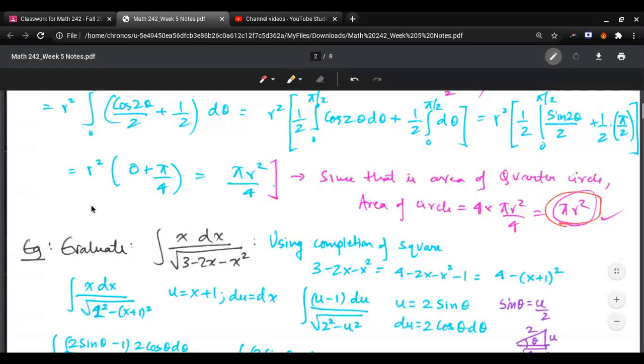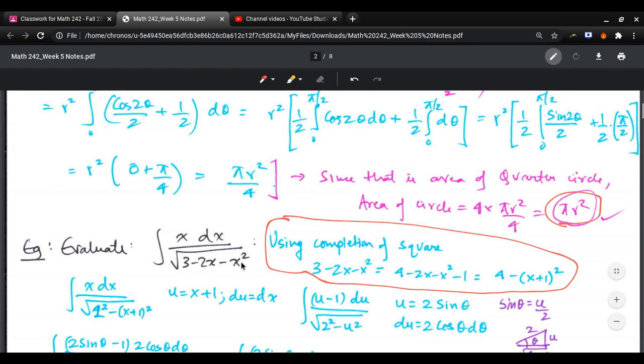This next example highlights another trick that you may have to use sometimes. That is completion of the square. On first notice, this doesn't look like something where you can use the strategy we just learned, because it's not in the form of a squared minus x squared. But you can rewrite 3 minus 2x minus x squared as 4 minus 2x minus x squared minus 1.